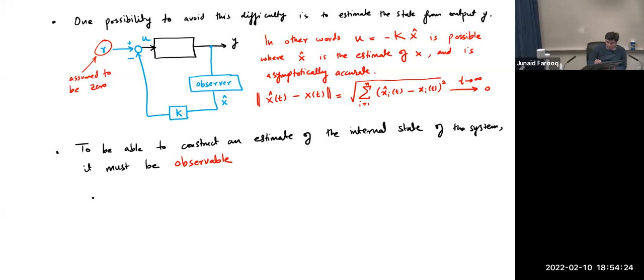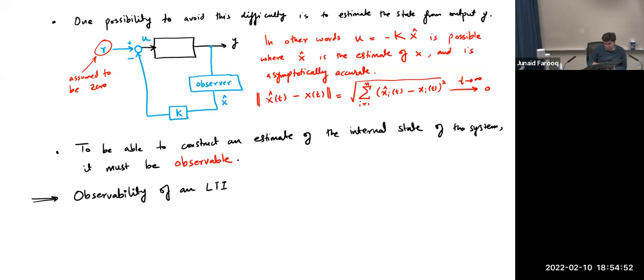So we came to a new concept here about being observable. So let's look at what an observable system is. So we've been talking about controllability and being controllable. But now we are faced with the next challenge that the system has to be observable, right?